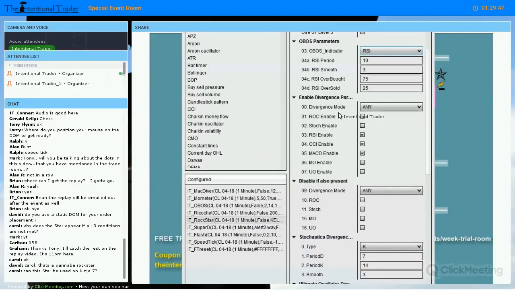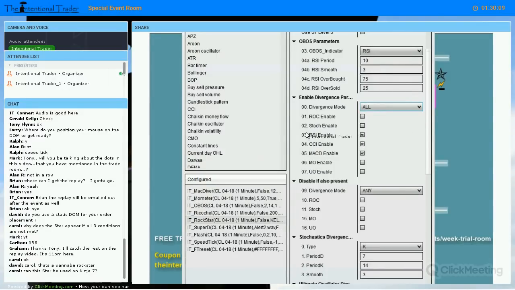Which divergences we want to enable to generate a signal, and thus these are not enabled. Whether we want any of these, or does it require all of those to generate a signal?